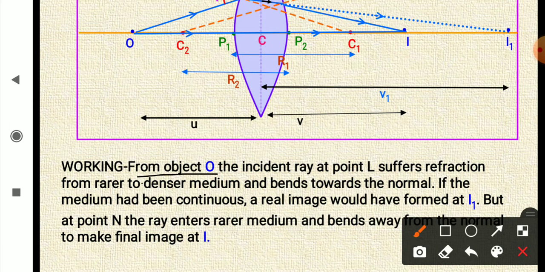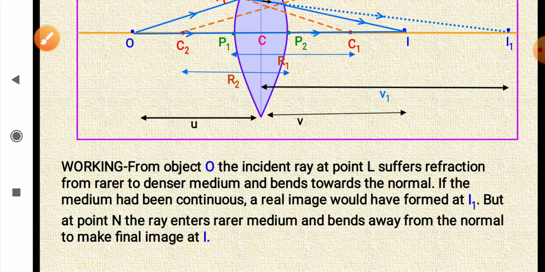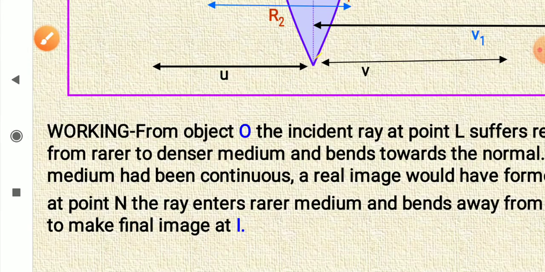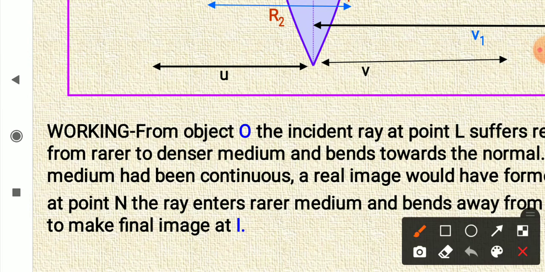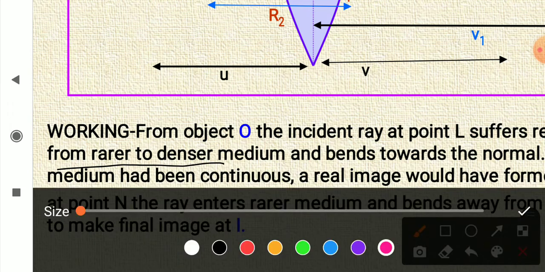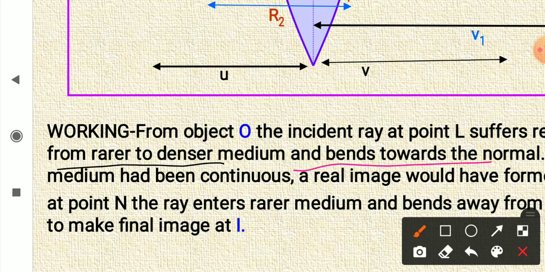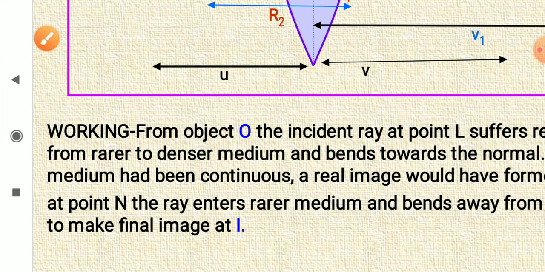From object O, the incident ray at point L suffers refraction from rarer to denser medium, and bends towards the normal, right?